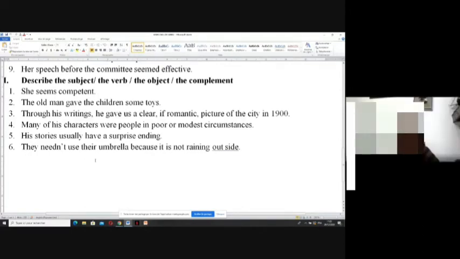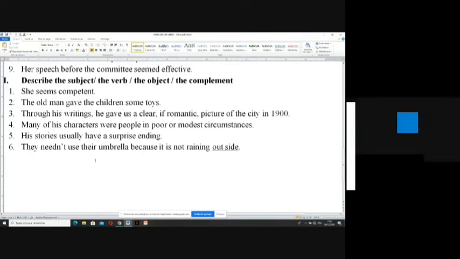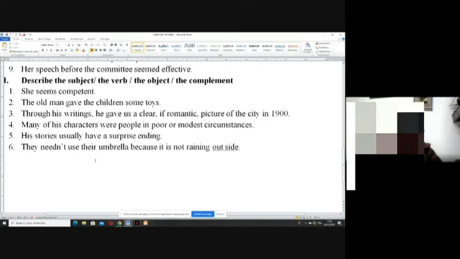Here, just ask the question, what and whom, okay? Because when you say that some toys is an object complement, does it have any relation with the children? Are the children toys?